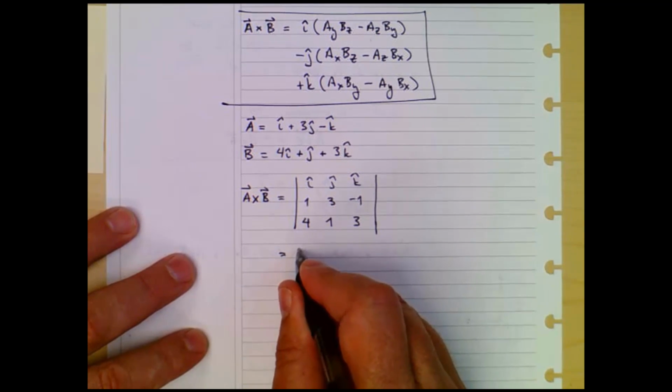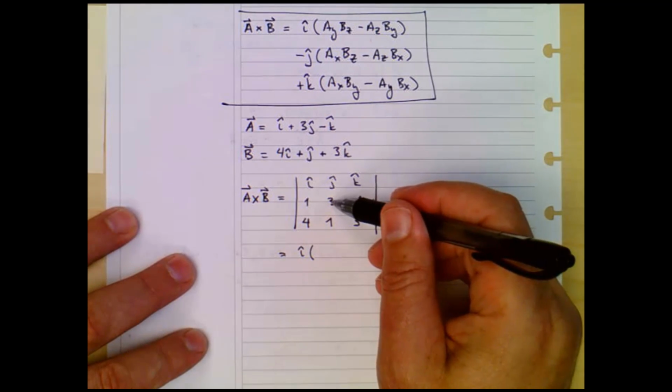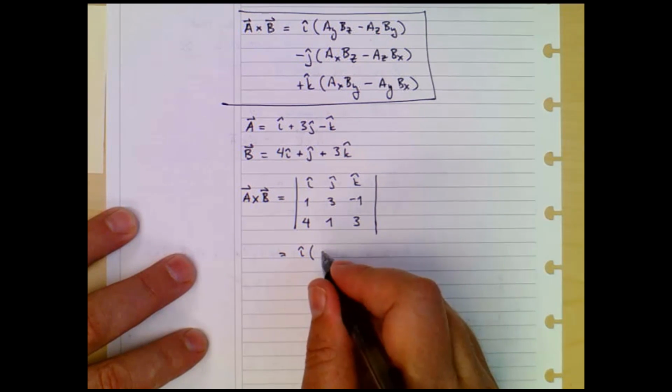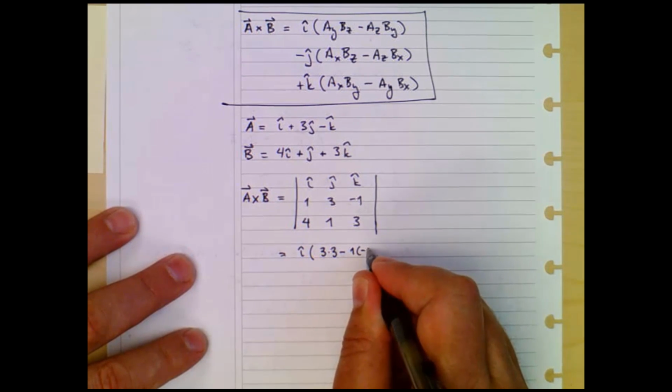So I'll do that. I get I times 3 times 3 minus 1 times minus 1.